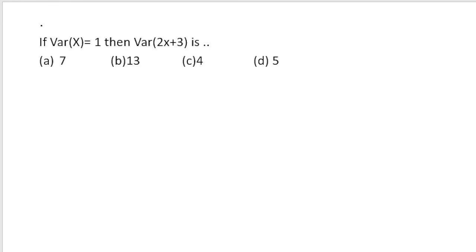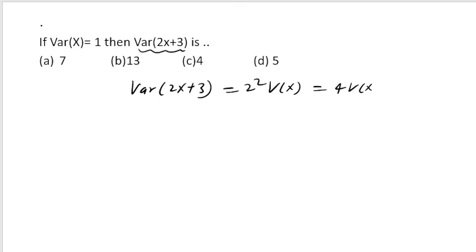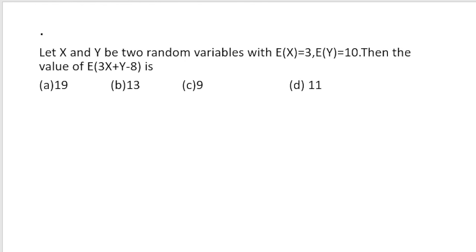Next, if variance of x is 1, then what is the variance of 2x plus 3? So variance of 2x plus 3 is 2 square times variance of x, that is 4 times variance of x. So 4 times variance of x is equal to 4. Let x and y be two random variables. Expectation of x is 3, expectation of y is 10. Then what is the value of expectation of 3x plus y minus 8?